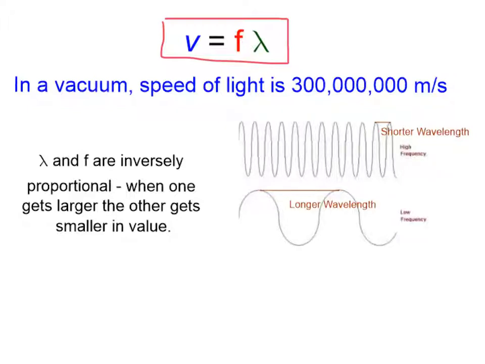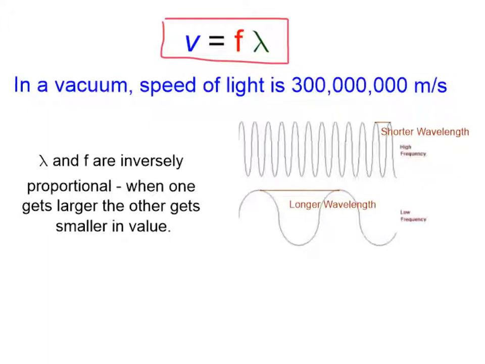Also, electromagnetic waves travel at the speed of light. Light is a type of electromagnetic wave, and in a vacuum, remember a vacuum is where we have little to no matter, the speed of light is 300 million meters per second, or you could say 300,000 kilometers per second. Travels really fast.